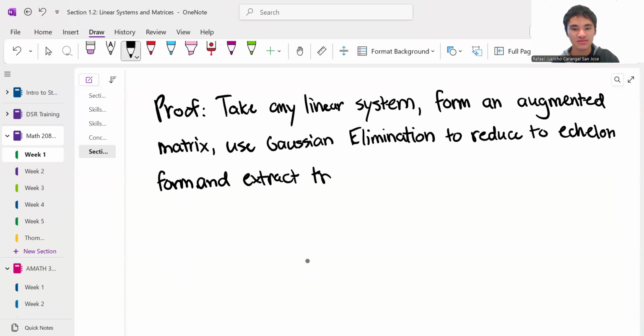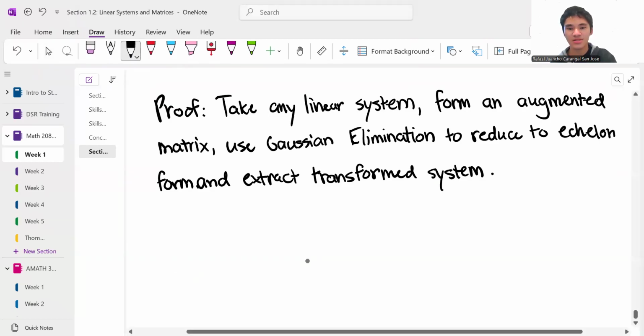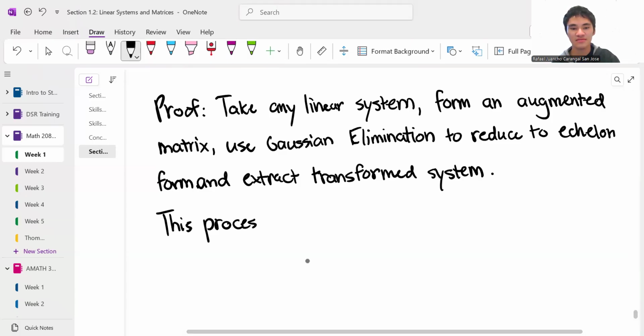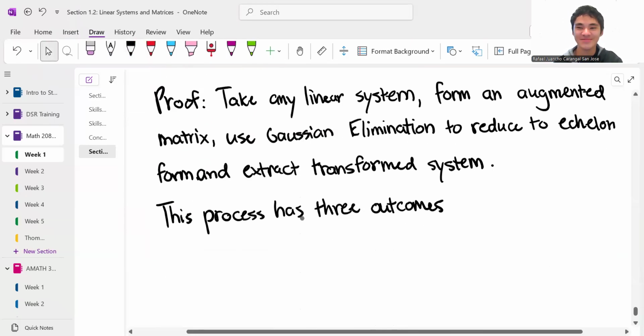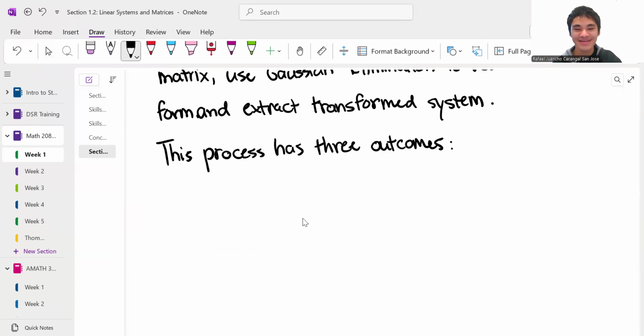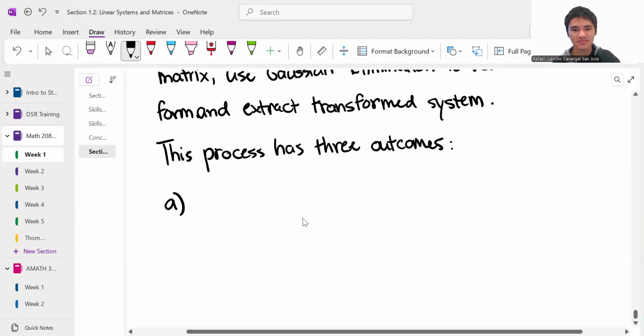So we extract the transformed system. Really wordy. And what can we say? When we extract, we can have three outcomes: zero solutions, one solution, or infinite. So here are the three outcomes.